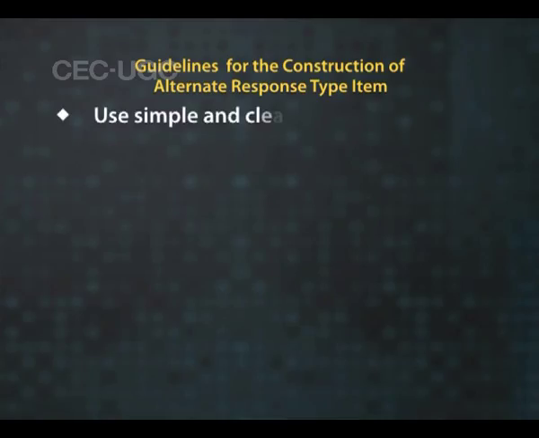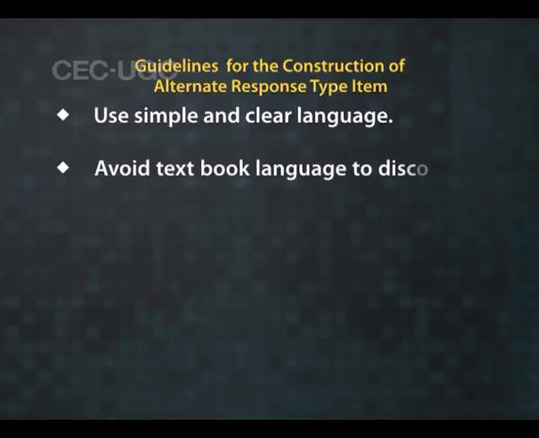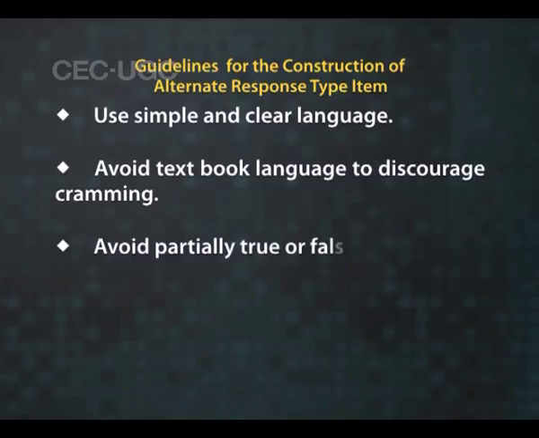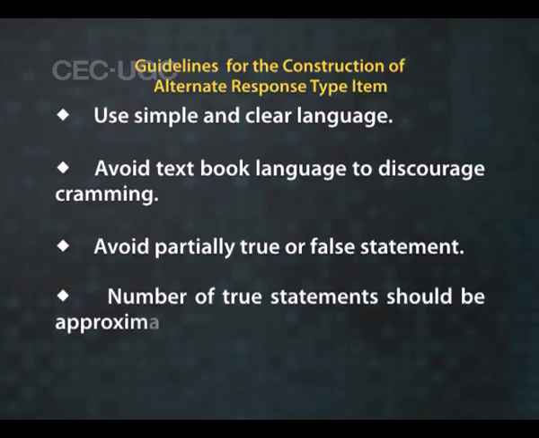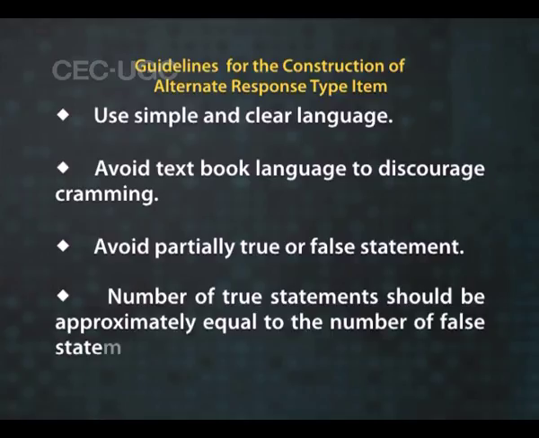Use simple and clear language. Avoid textbook language to discourage cramming. Avoid partially true or false statements. Example: blood is made of plasma. The number of true statements should be approximately equal to the number of false statements.